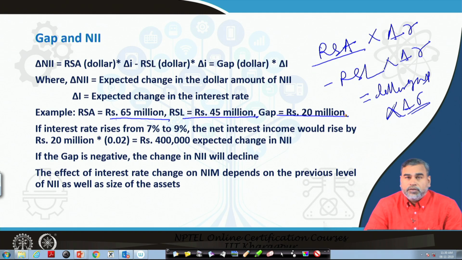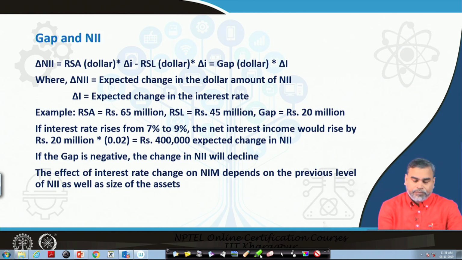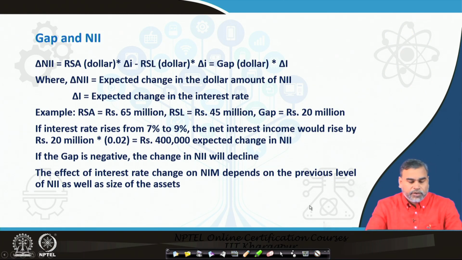So, we are trying to find a relationship between the gap and the net interest income, to explain how, if there is a change in interest rate, your net interest income is going to change. That means we are indirectly establishing the relationship between the interest rate and the net interest income of the bank. So, this is the relationship we are talking about.